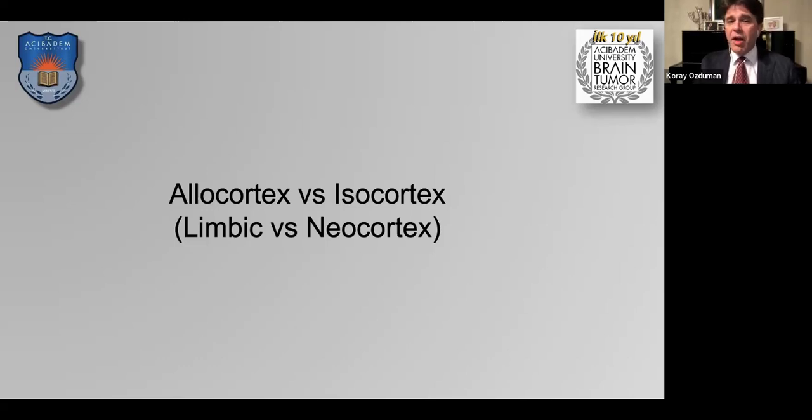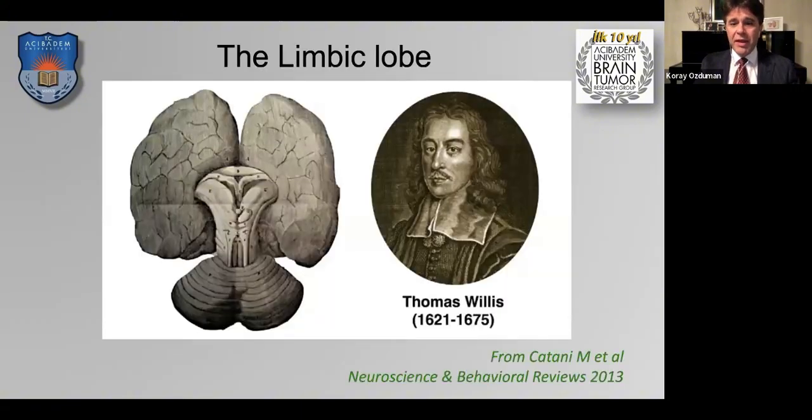First, we should start with the allocortex because it's easier to comprehend, easier to understand. Neuroscientists, surgeons and anatomists early on realized the importance of this limbic system as we know today. But the first person who named this portion of the brain was Thomas Willis.